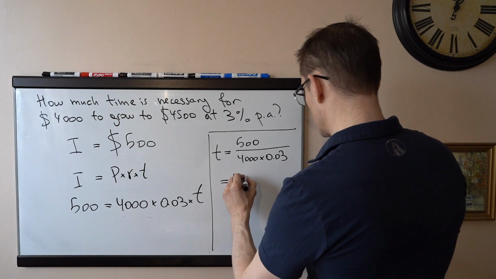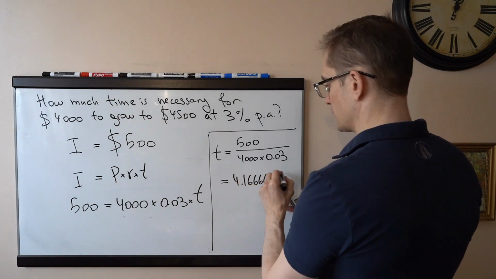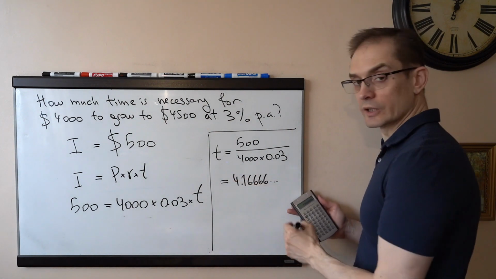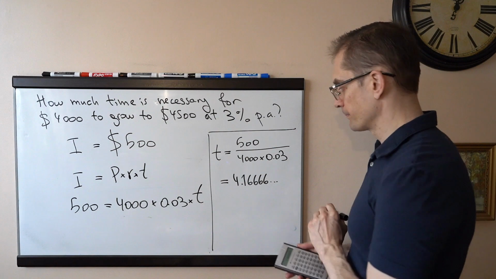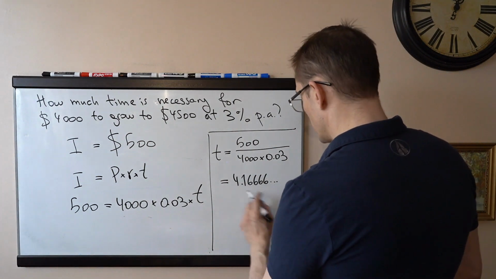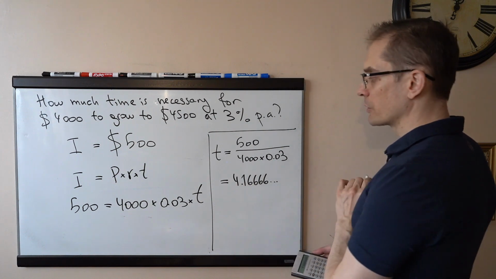It's 4.16666 and so on. So 6 is in period, it will never end, but we will keep as many decimals as possible. Okay, so that's the number of years.